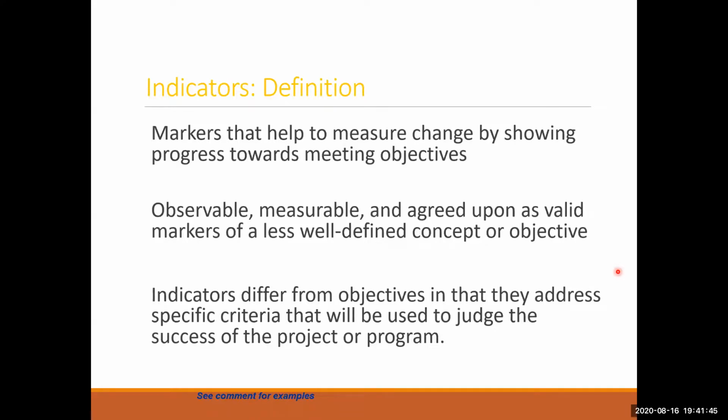We said agreed upon as valid markers. So what does that mean? There is a list at each donor. You can search for the indicators that they are using. In the clusters, say the health cluster, they will share the indicators with you before the plan is applied.